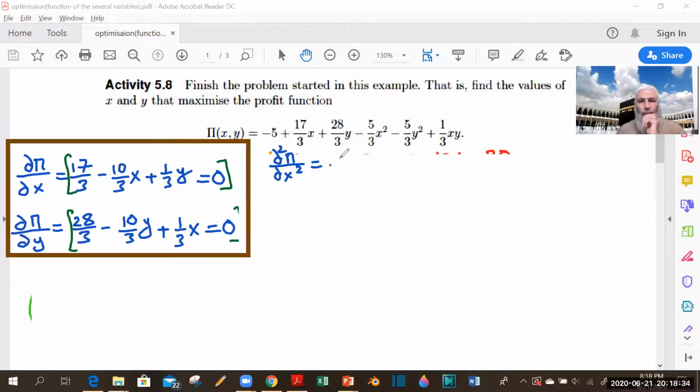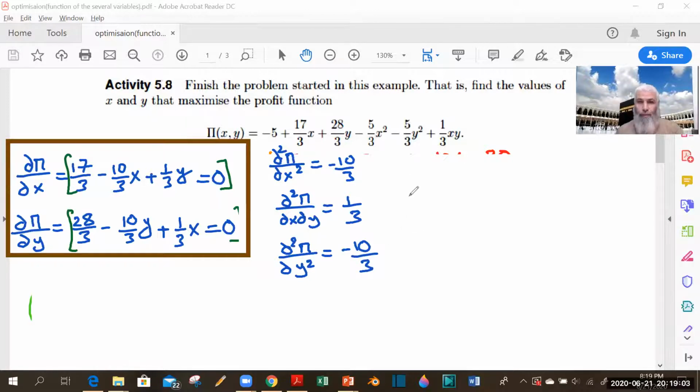And d2P dx dy is a positive 1 over 3. And d2P dy squared is a negative 10 over 3.